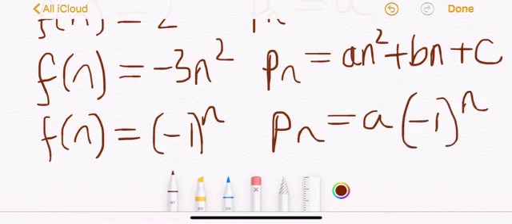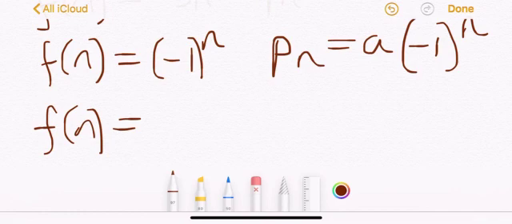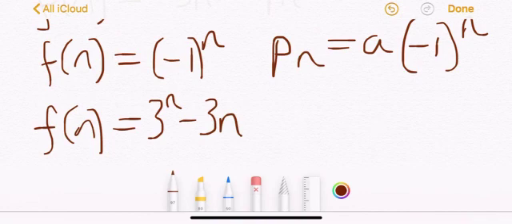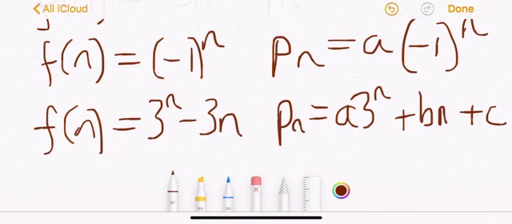And finally, for this one, if we had f of n equal to 3^n minus 3n, that is a combination of a linear expression and an exponential expression, so we'd have to consider P_n equals a lots of 3^n plus a linear term, bn plus c. Finally, one more example.